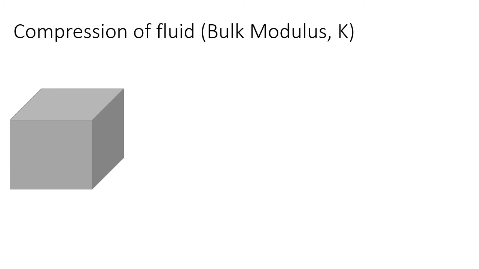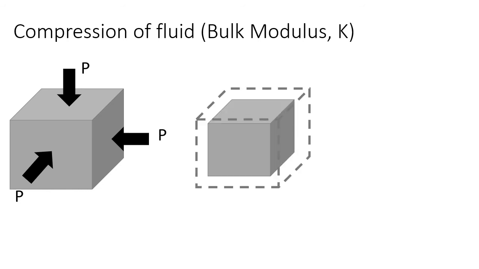If we are putting, say, a liquid into one of these vessels and pressurizing it, what happens to the liquid? In the liquid, if we're pressurizing it, it's going to get a compressive force in all directions, and therefore we'll get a pressure pushing on that volume of fluid, and consequently it will get smaller, it will compress slightly.